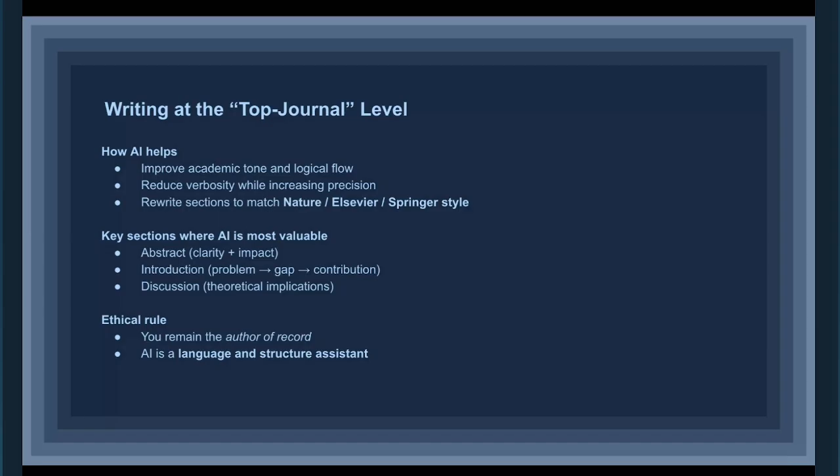So what I'm trying to say, or maybe I should summarize it like this, is: you are the author. As the author, make sure that what is submitted under your authorship is actually written by you.